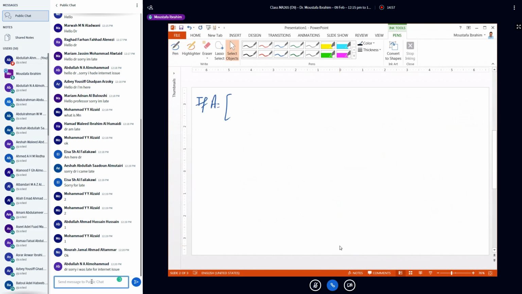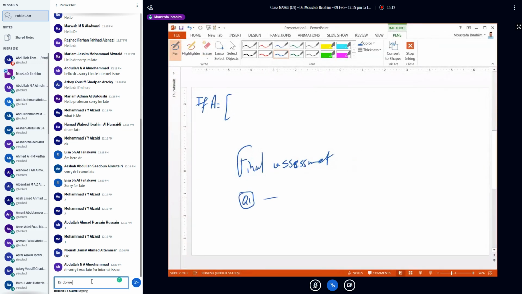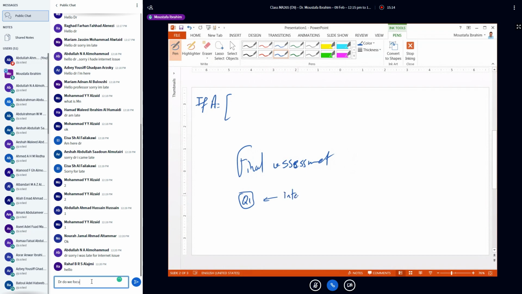And guys, the final assessment will be online, okay? It's similar to the ICA. You have question 1, the integrity statement. In the integrity statement, don't forget you have to put your civil ID or UN card.